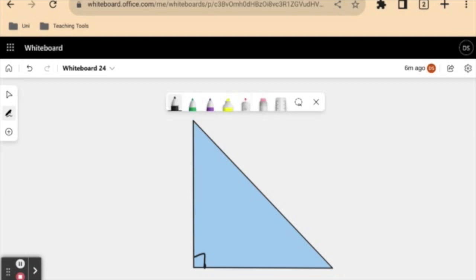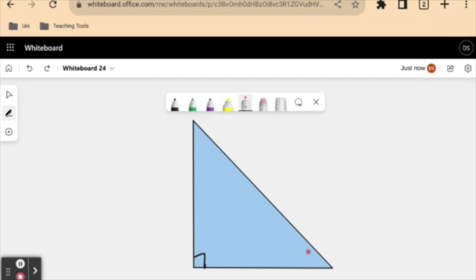Now, if we go back to what we did in angle geometry, we said that the angle sum of a triangle is 180 degrees. So we have a right angle here, and this angle, and this angle will all add up to 180 degrees.